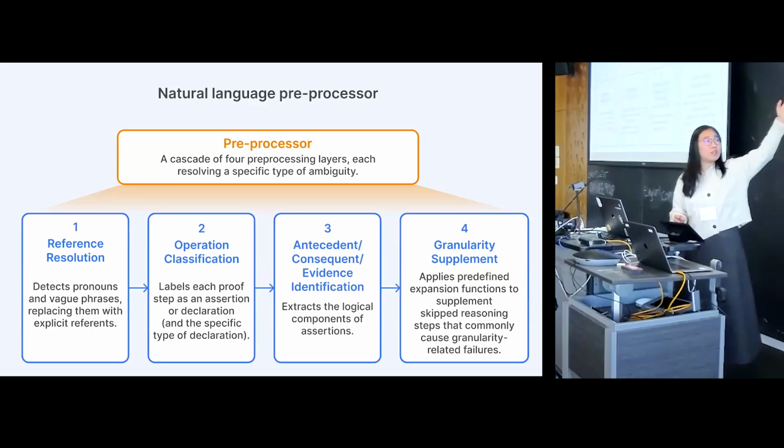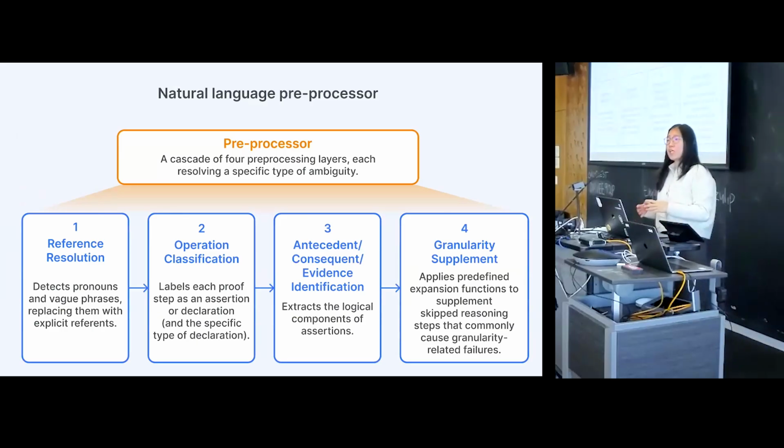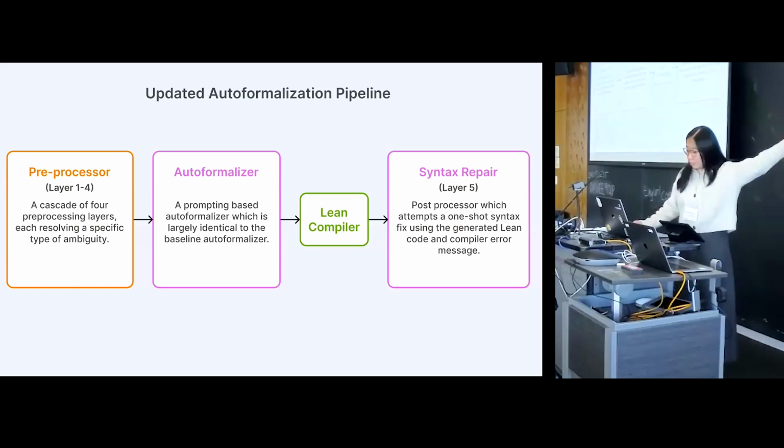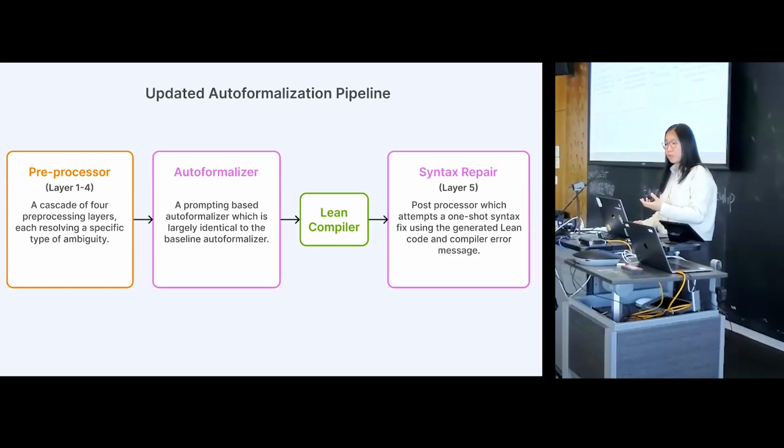So this is the structure of the whole preprocessor. It contains 4 layers, each corresponding to one type of ambiguity, and each layer is designed to solve one specific ambiguity that we mentioned earlier. Layers 1 to 3 are LLM-based and layer 4 is Lean-supplemented. After these 4 layers of preprocessing, the output is passed to an autoformalizer, which is largely identical to our baseline autoformalizer.